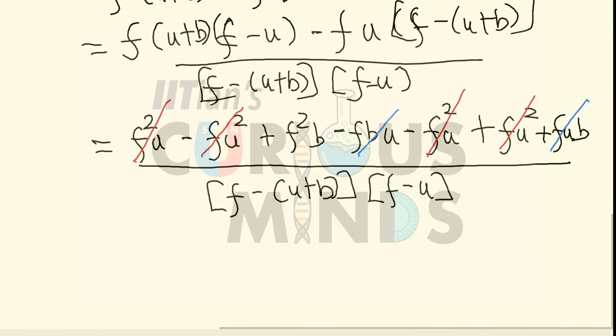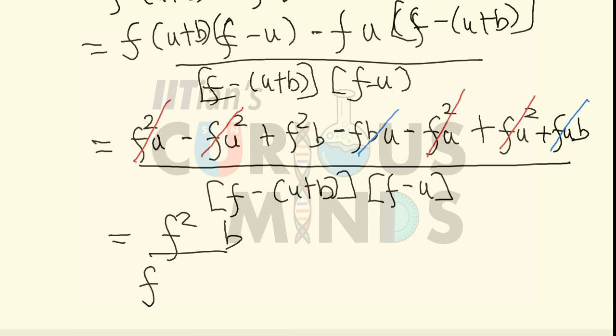So it will be equal to f square into b divided by f minus u plus b into f minus u.